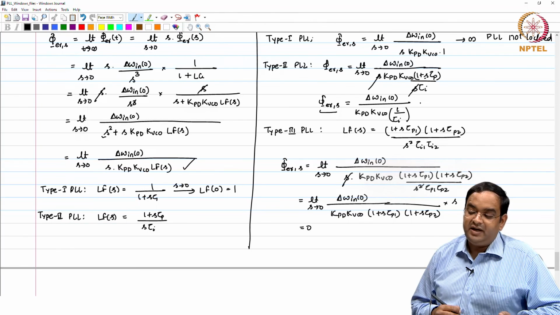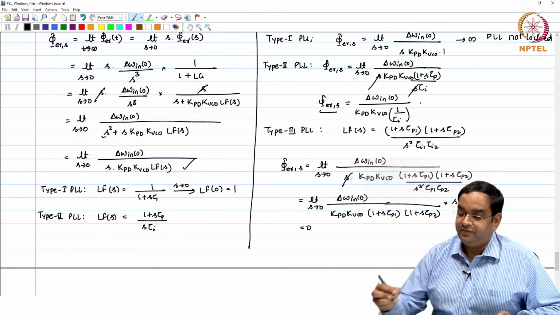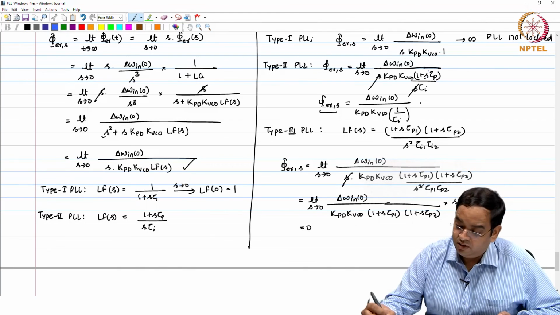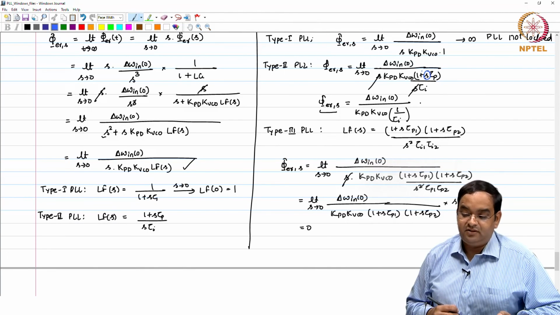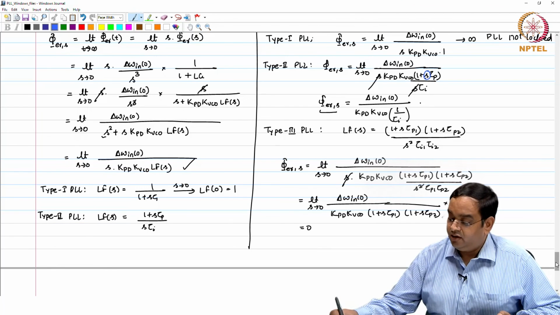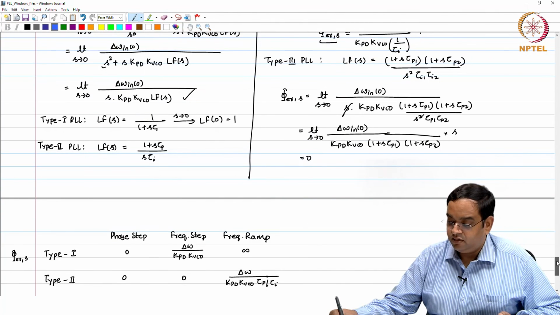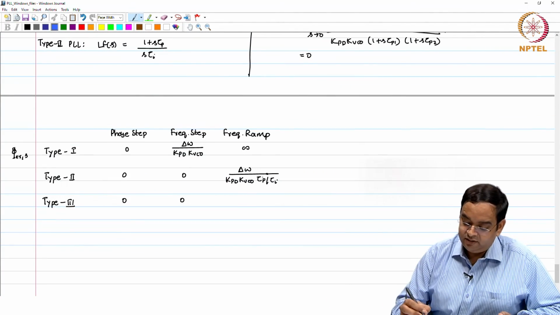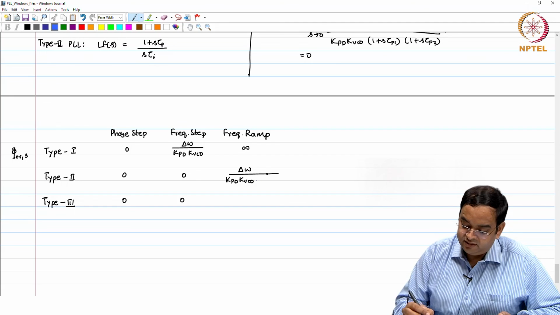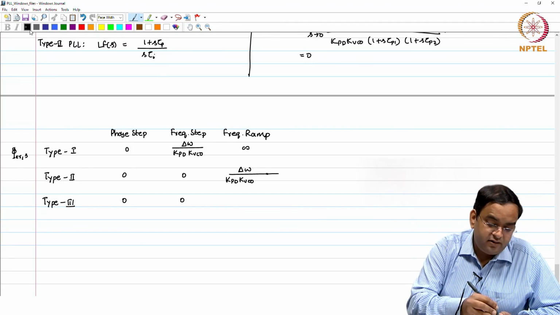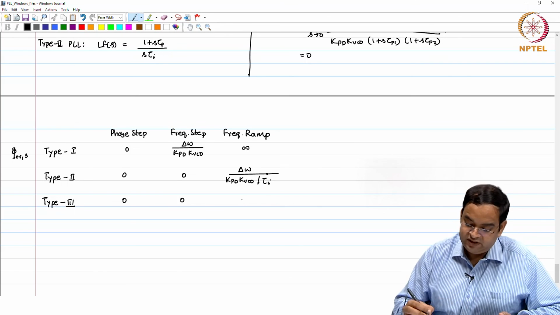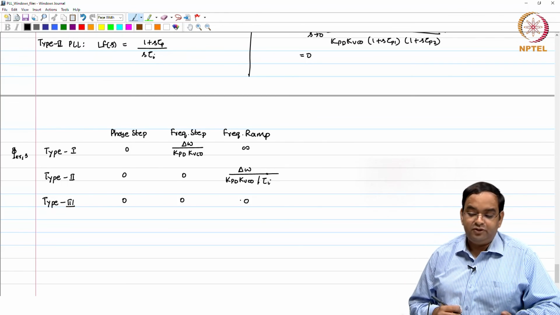So, you have 1 by tau I. In the previous case, you substitute S equal to 0 in this case. Now, yes, right. Now, we have to correct it, this is divided by tau I, and for frequency ramp type 3 PLL will still give you 0.